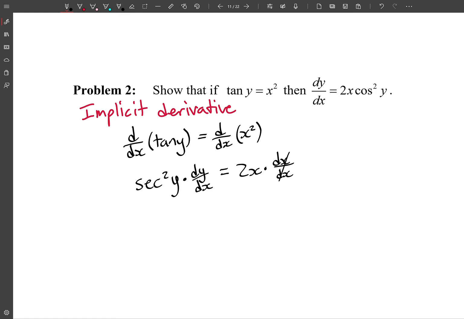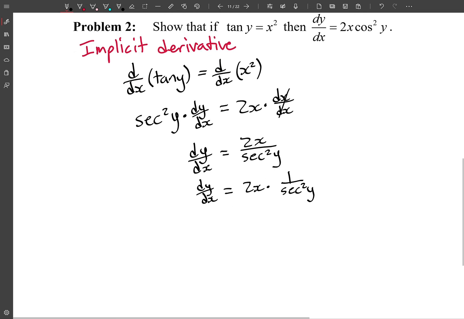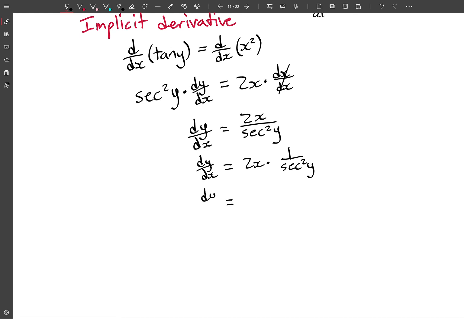So now what I'm left with is secant squared y times dy dx is 2x, which makes this really nice and easy. I just divide both sides by secant squared y, and I get 2x over secant squared y, which, if you'd like, you can think of as 2x times 1 over secant squared y, which by our trig identities gives us 2x cosine squared of y.